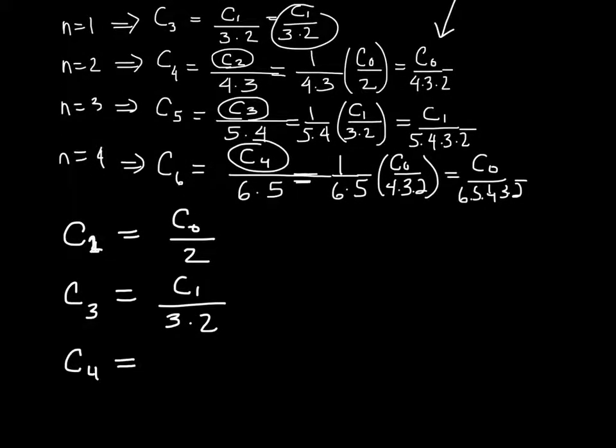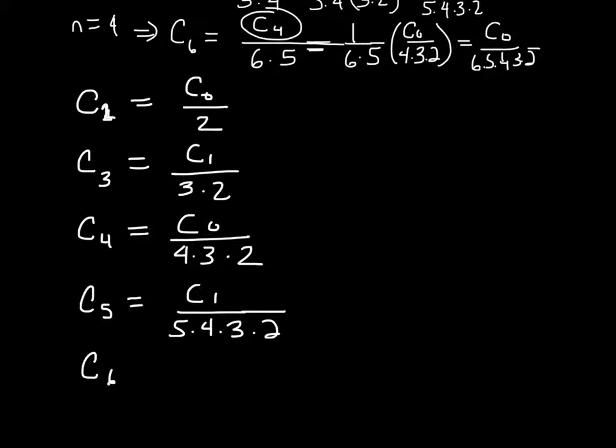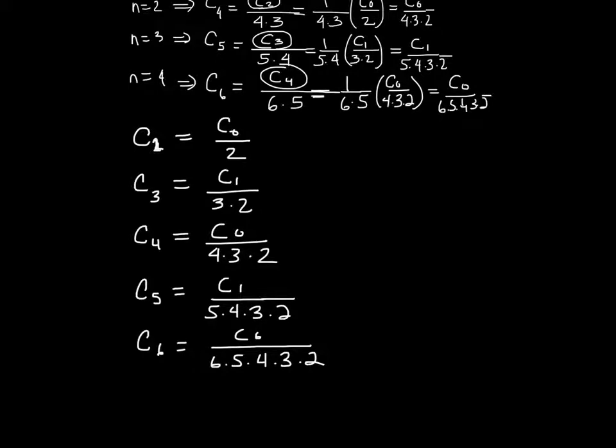C4 is C naught over 4 times 3 times 2. C5 is C1 over 5 times 4 times 3 times 2, and C6 is C0 over 6 times 5 times 4 times 3 times 2. Again, hopefully you can see the pattern.